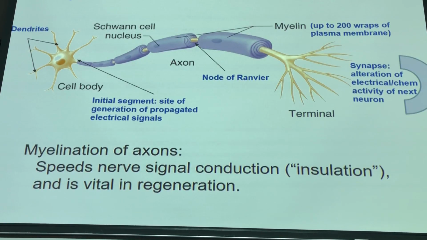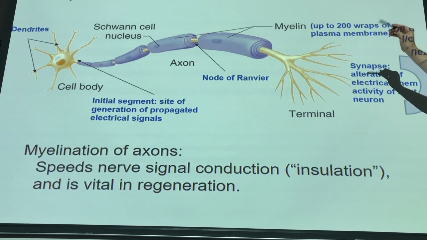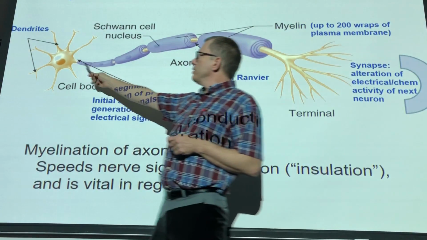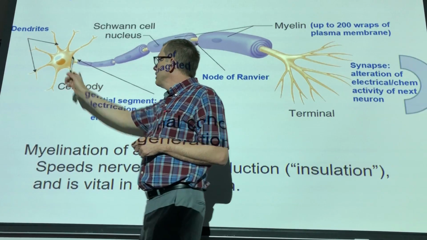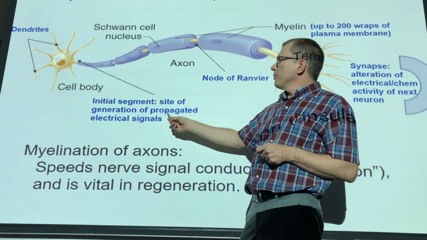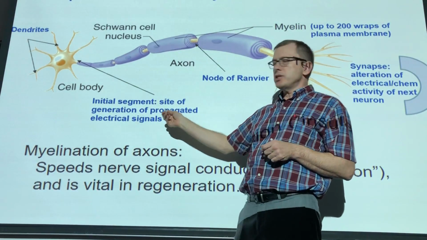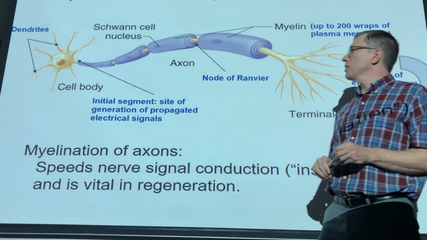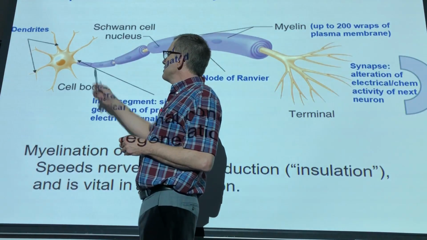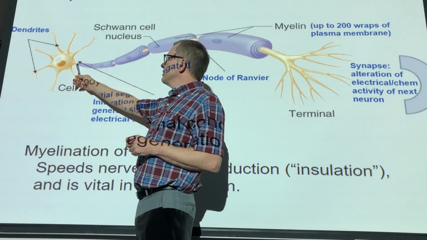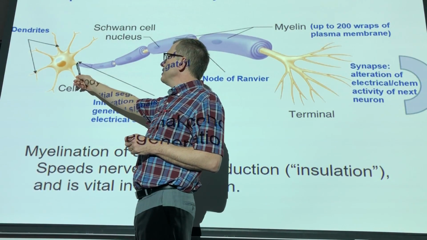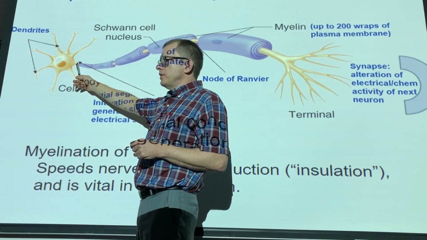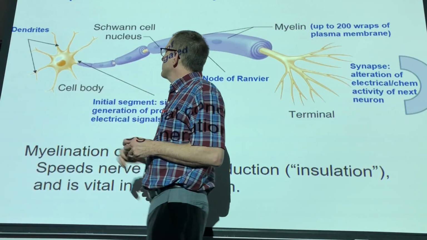We covered dendrites, and we covered the fact that the initial segment right here coming out of the cell body is actually the site of generation of propagated electrical signals. So this is where we get to actually measure the initiation of the electrical signal.